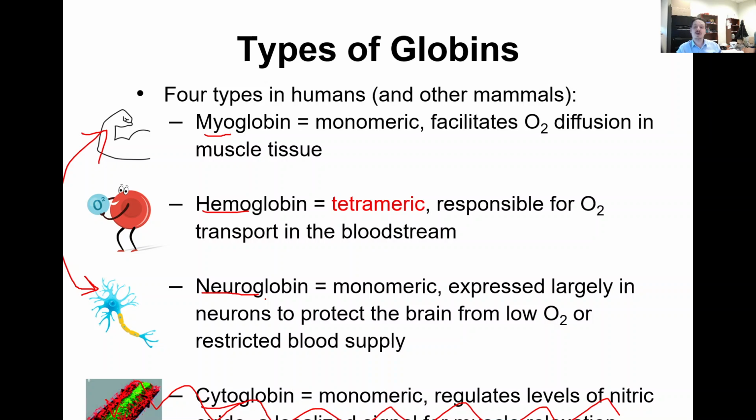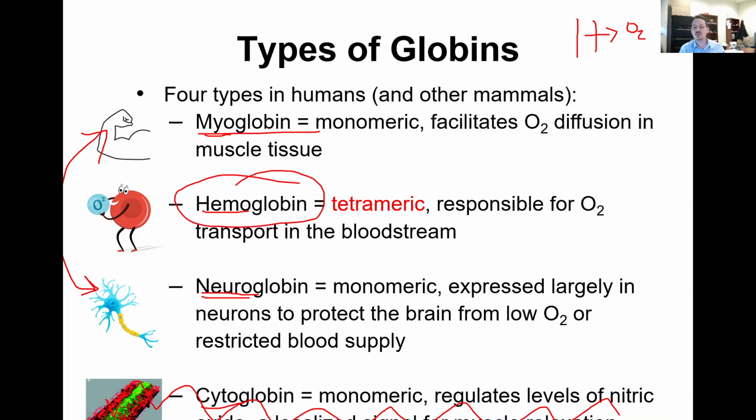And really they like to hold on to oxygen. They don't really want to let go of it. So they are useful for a really good emergency storage, but also to facilitate the diffusion out of the blood and into the cells. That is helped out by these myoglobin and neuroglobin to help it diffuse through.